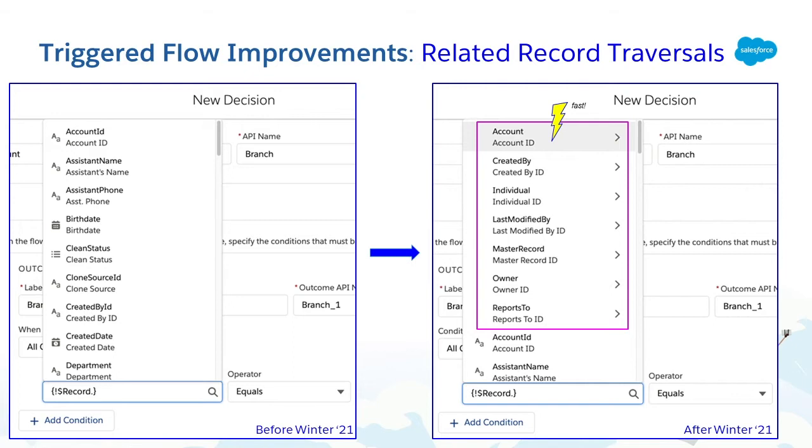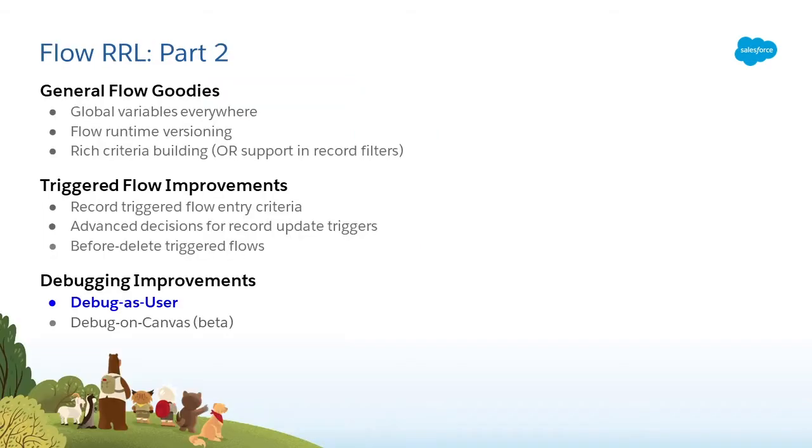While we could have simply reused the approach that Process Builder uses, we chose not to because we identified major inefficiencies in that design, which would cause performance to be particularly bad in orgs with a lot of interrelated objects. Instead, we took the extra time we needed to design and implement a new solution for resolving related record traversals for triggered flows, and this release we're happy to say that they're here, and much, much faster than Process Builder. Traverse away.